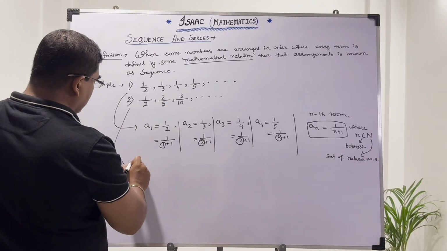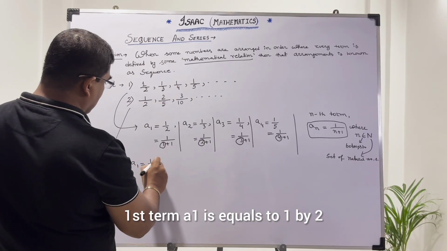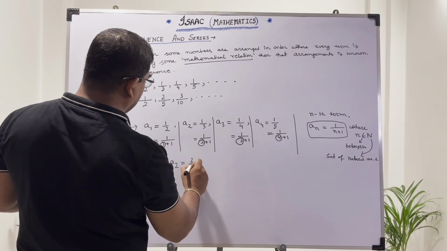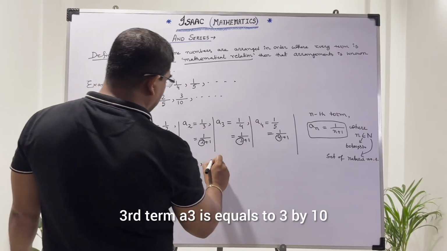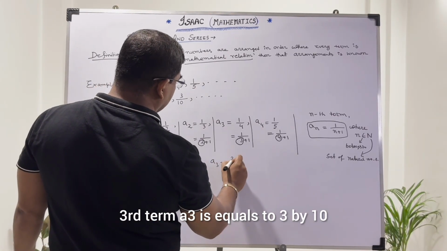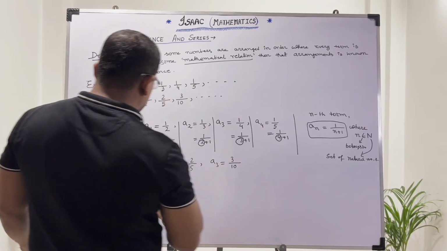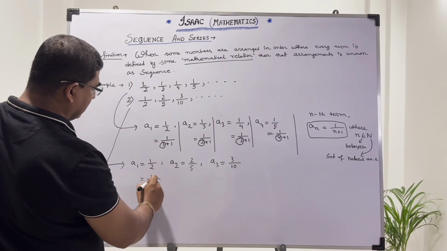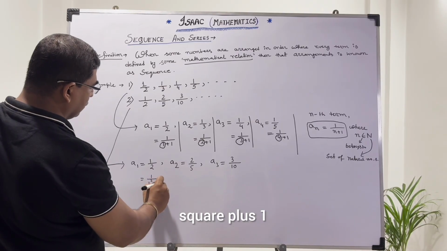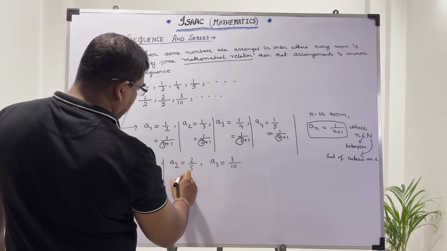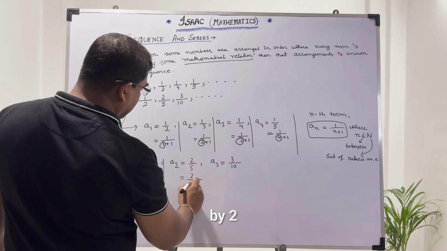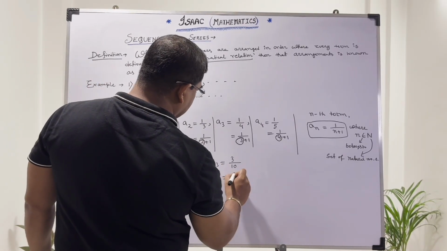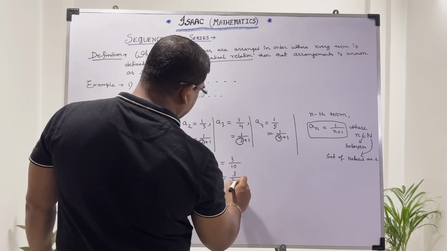In example 2, first term a1 is equal to 1/2. Second term a2 is equal to 2/5. Third term a3 is equal to 3/10. That means we can represent this denominator 2 as 1 squared plus 1, this as 2/(2 squared plus 1), this as 3/(3 squared plus 1).